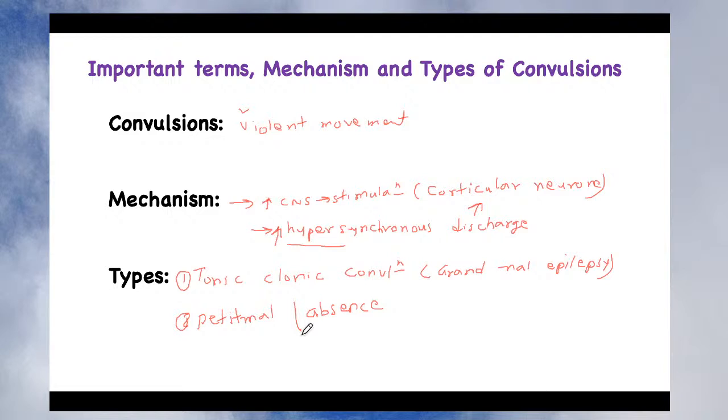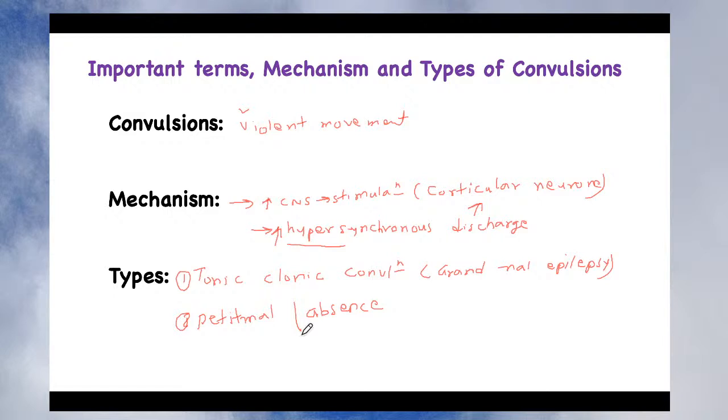We can use medicine for the treatment of these different types of convulsion. If you want to evaluate the activity of those drugs in an animal model, because before going into clinical study any drug must be evaluated at the preclinical level, then there must be one model which can represent tonic-clonic convulsion and another model which can represent petit mal convulsion.